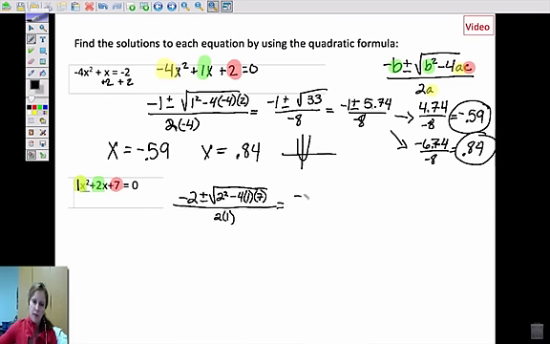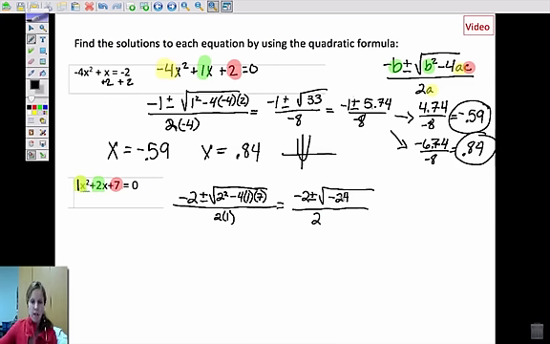Reducing that, it's negative 2 plus or minus the square root of 4 minus 28, which is negative 24, all over 2 times 1, which is 2.